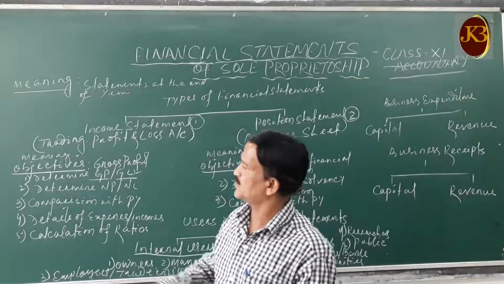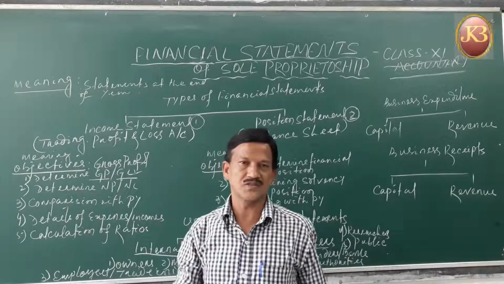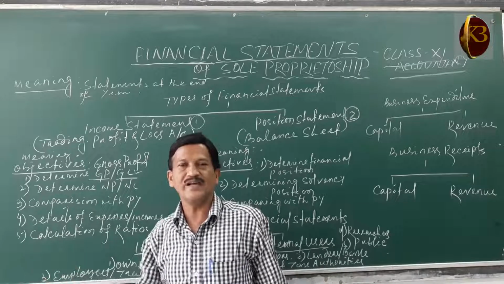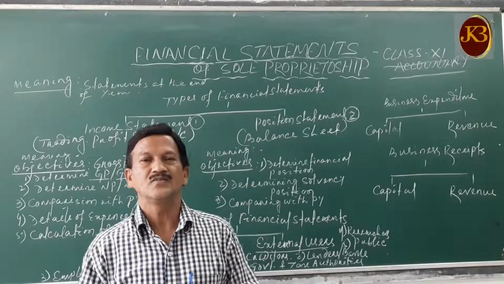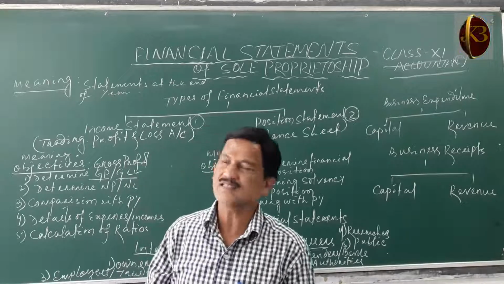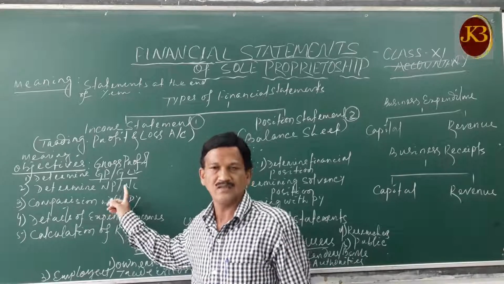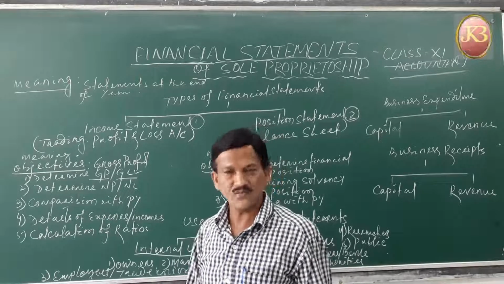Then it is transferred to the trading account to find out the gross profit or gross loss. Gross profit or gross loss is the difference between the total sales of the business, including both cash sales and credit sales, minus total purchases during the year, that means credit purchases as well as cash purchases.